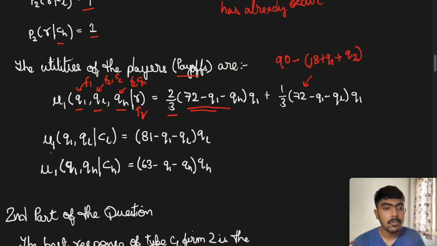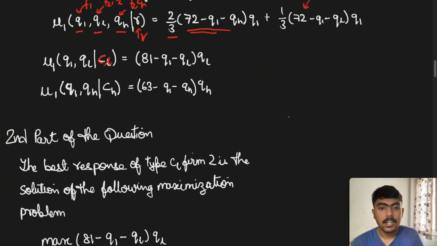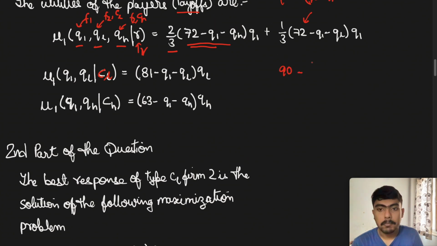Similarly, we will do with the player 1 when the firm 2 is playing with cost CL. So in this case, it will be 90 minus 9 plus Q1 plus 9 plus QL, right? This will be the case, there will be no multiplication here, by the way.